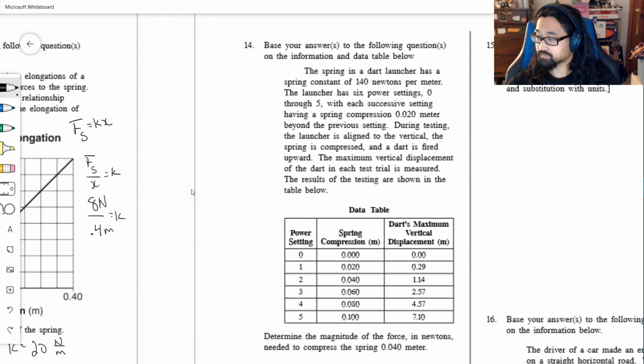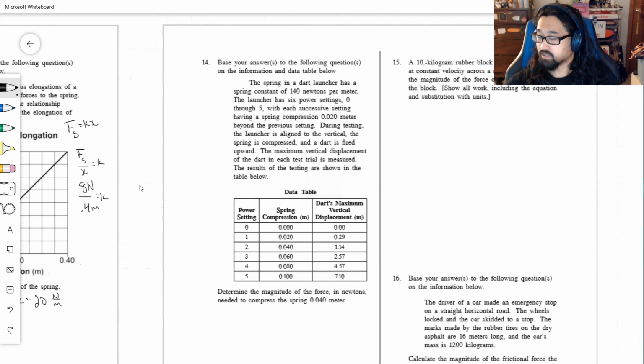All right. Number 14. Lots of information. Spring. All right. The magnitude of the force. How big is the force to compress the spring by this much? Spring constant is 140 newtons per meter.